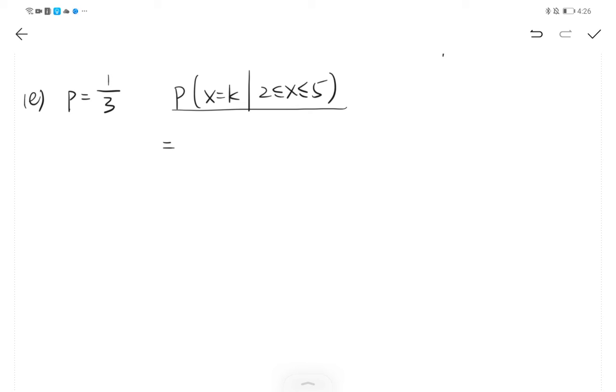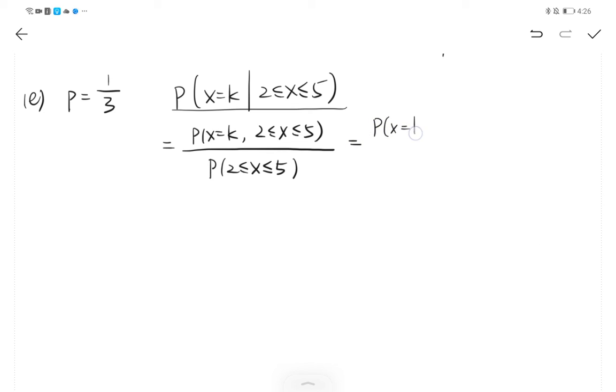It equals P(X equals k, and X from 2 to 5) over P(X from 2 to 5), k from 2 to 5.